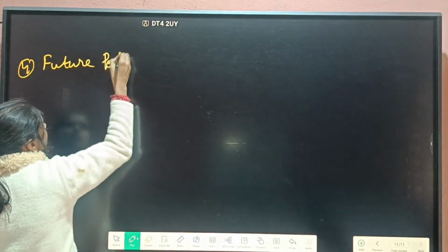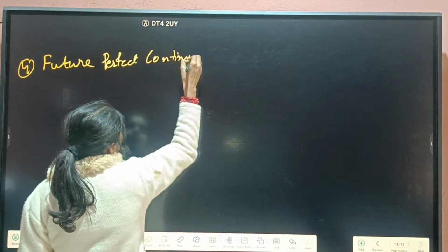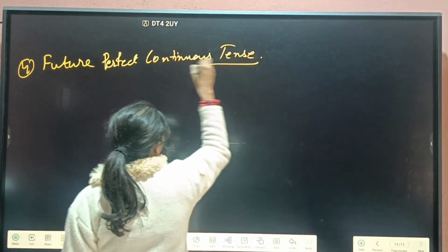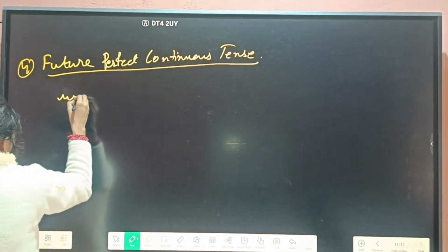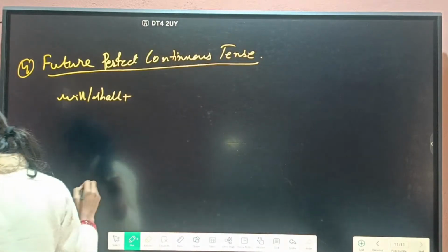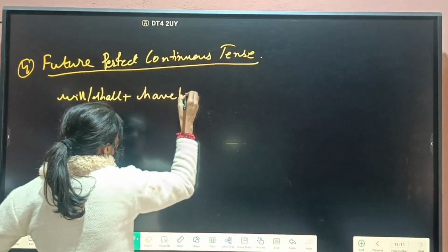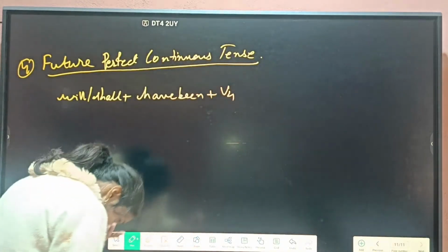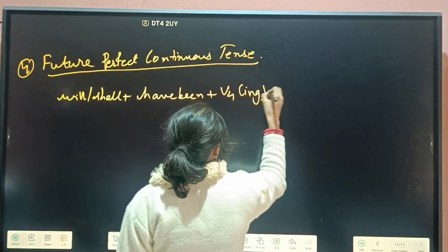Future perfect continuous tense. What is the rule? Will, shall, plus have been, plus verb form plus object.